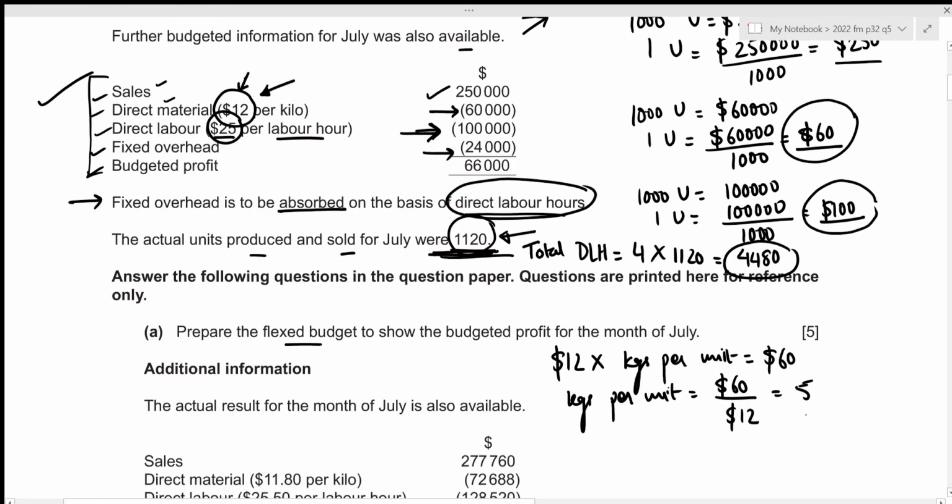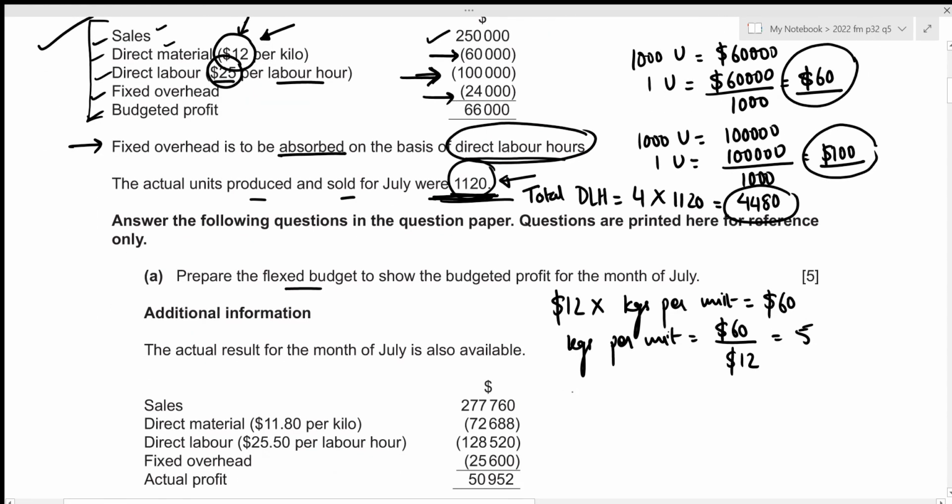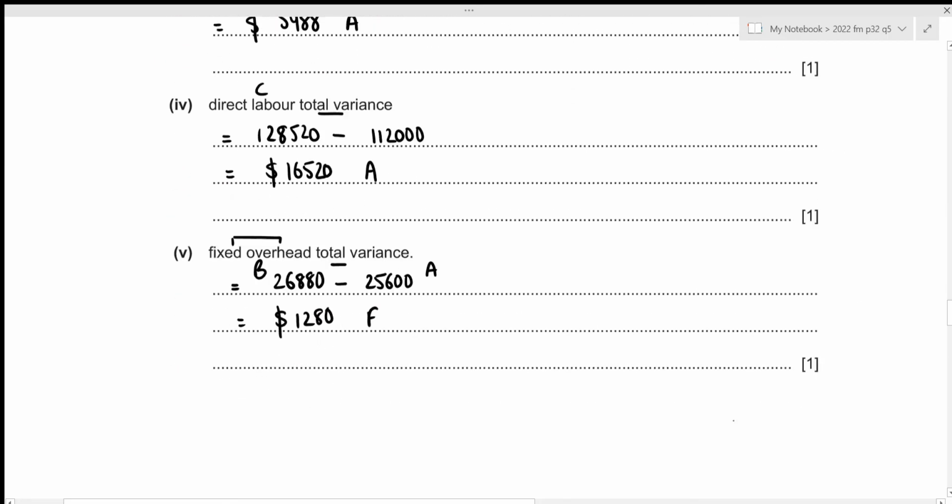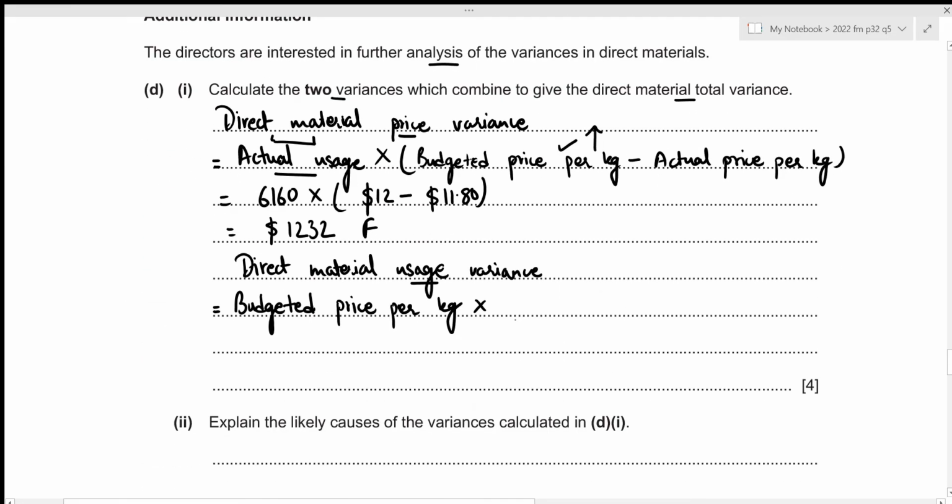Now, in order to figure out our budgeted number of kgs, which corresponds to our flex budget, that is just going to be the actual number of units times our budgeted number of kgs per unit. So that's 5, which results in 5,600. And clearly our standard one is lower than the actual one, which means that our formula now is just going to be the actual uses minus budgeted uses.